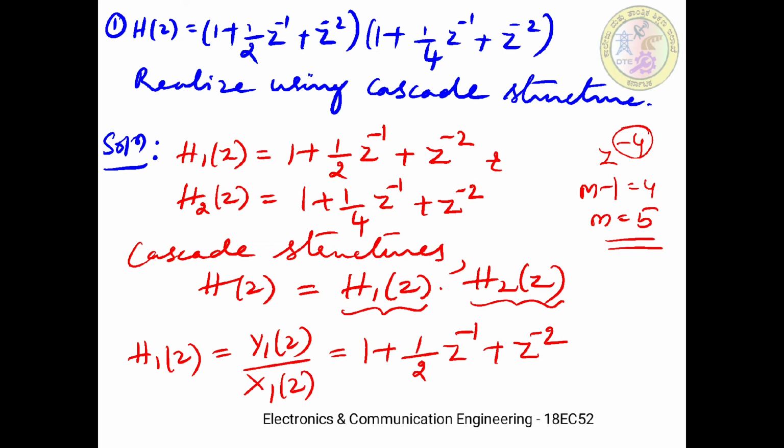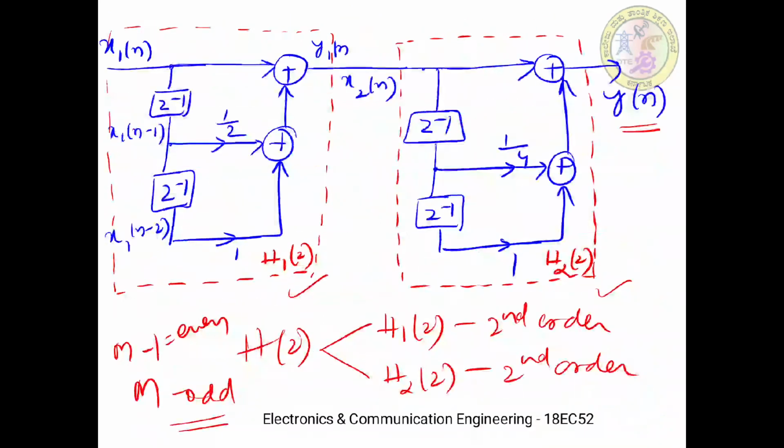Next we will take another condition where m is even, that is, the filter length is even.